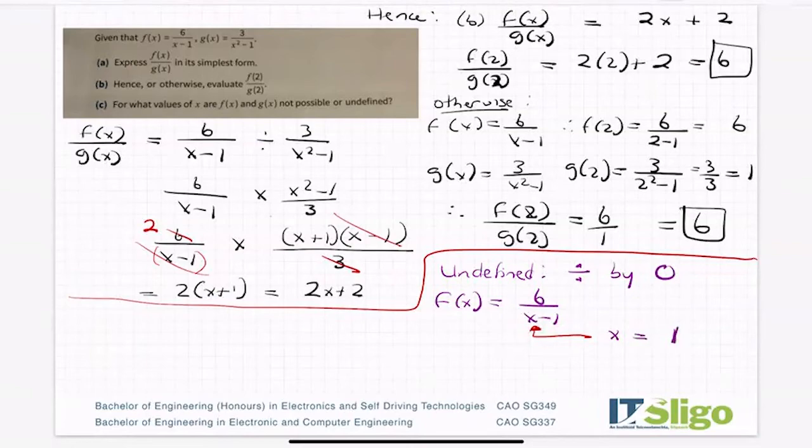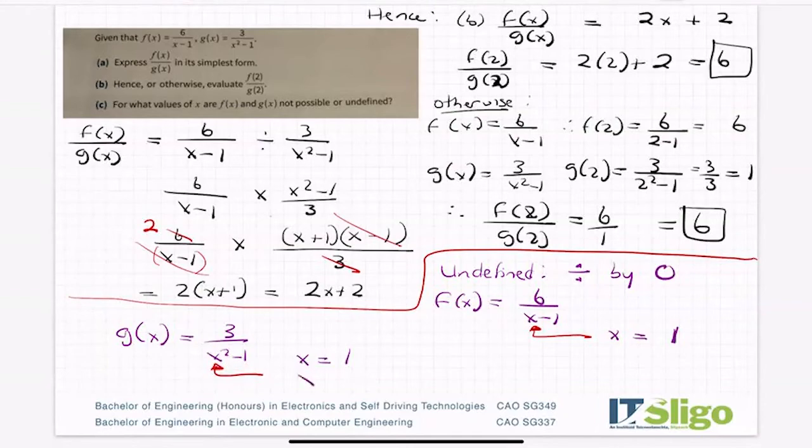Okay, in the same way for g of x, it's 3 over x squared minus 1. What value could x have in this case that I would be dividing by 0? Okay, and when I say dividing by 0, I mean dividing by 0. Okay, what value could x have? Well, it could be 1, because 1 squared would give me 1, minus 1 would give me 0.